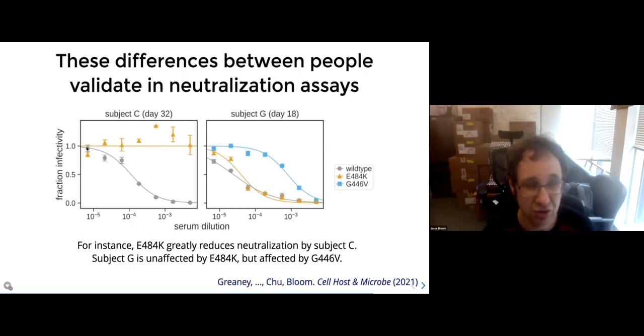You can see the neutralization titer goes from being around 1 in 10,000 if there are no mutations in the virus to more like 1 in 100, actually off the scale of our cutoff right here, if you put in this single E484K mutation. But for this other individual, subject G, the E484K mutation has no real effect on their neutralizing antibody recognition, but mutations at sites like 446 have a big effect, consistent with the differential targeting of their antibody immunity.